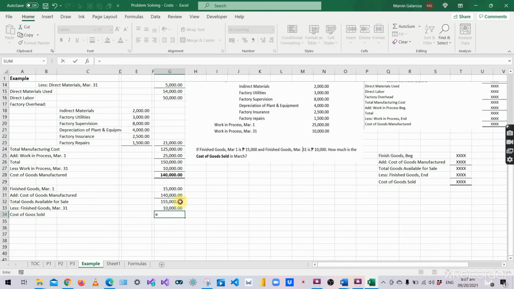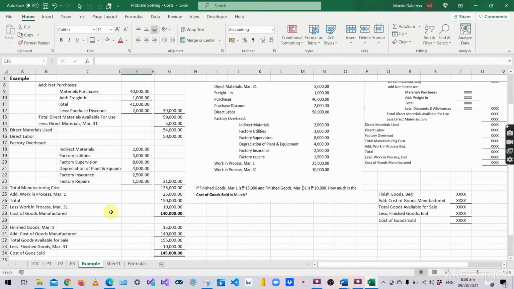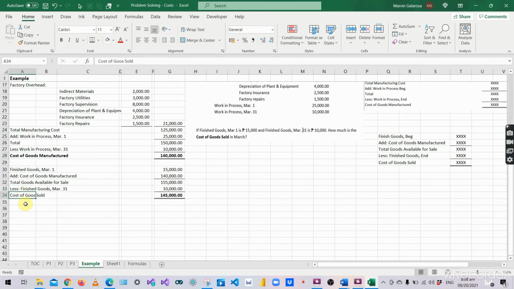Magkano siya? 155,000 minus 10,000, 145,000. So that's how you compute for the cost of goods manufactured and cost of goods sold.